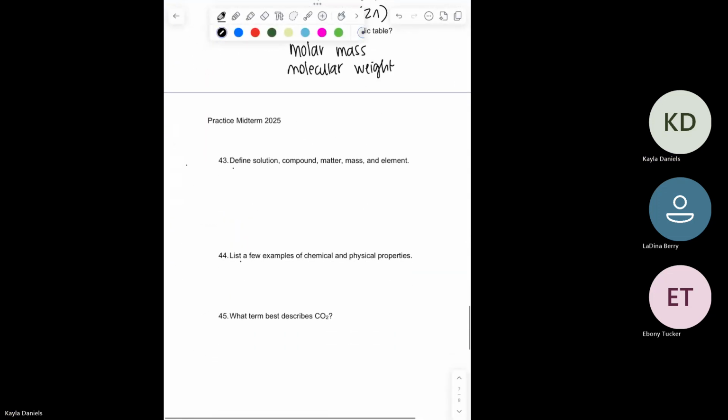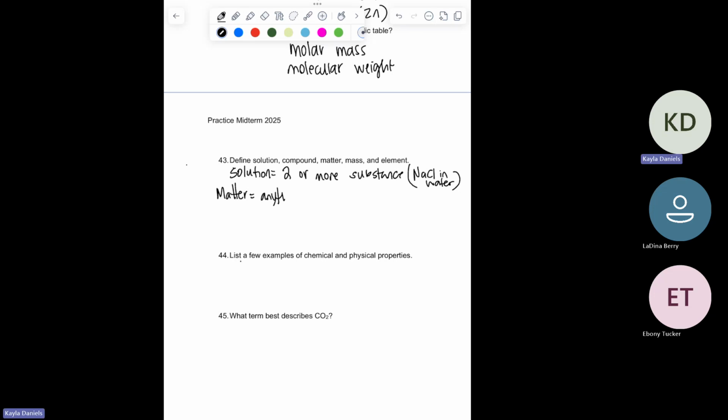All right. A solution is when you have two or more substances together. You can think of NaCl and water, that saline solution. Matter is anything that has mass and takes up space.